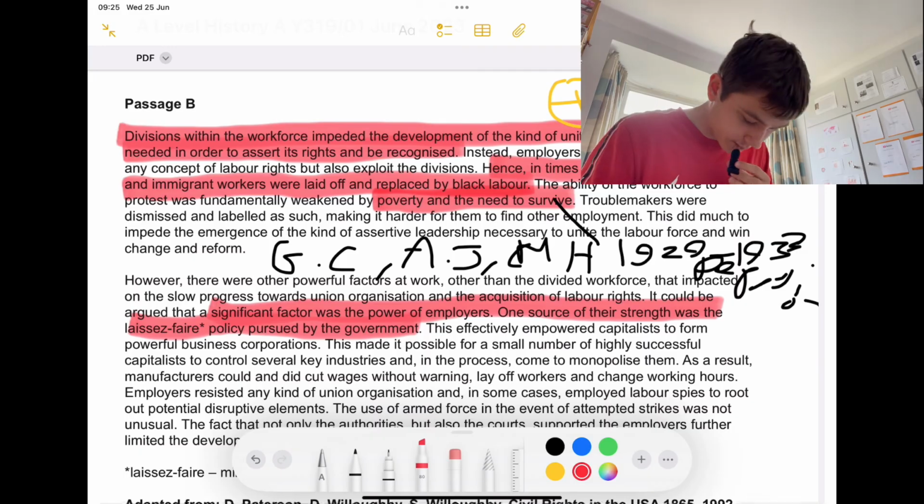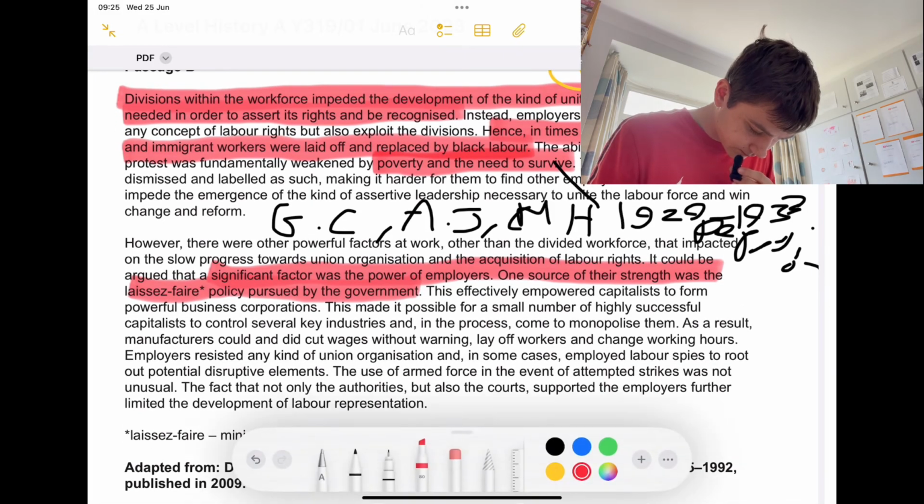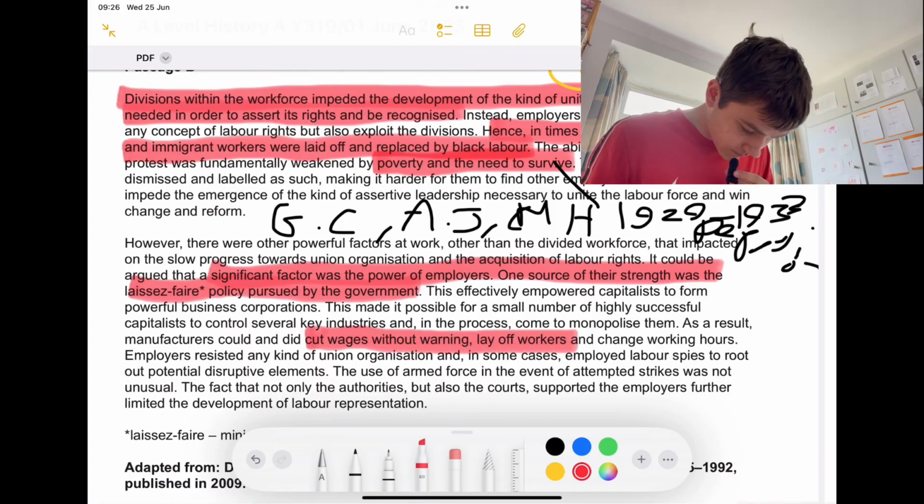Like Henry Ford. Yep, cut wages, lay off workers.